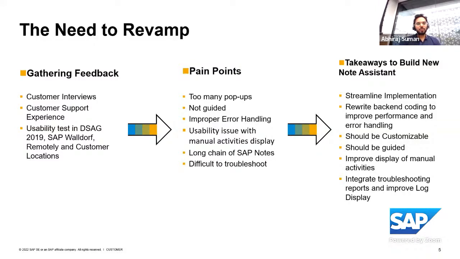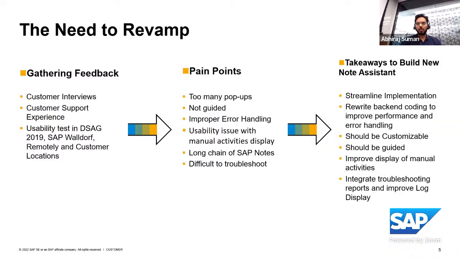We performed a usability test in DZAG in 2019 in SAP Walldorf, and we connected with a couple of customers and tried to understand what the main pain points are for customers when they are trying to implement or de-implement any SAP note. We understood that the pain points were that there were too many pop-ups. It was not guided enough.